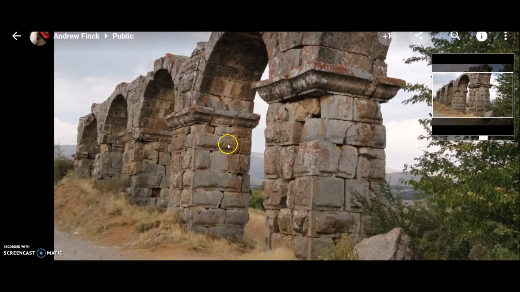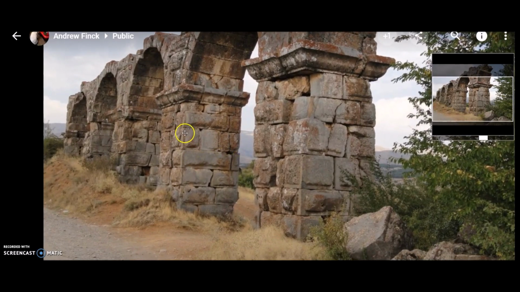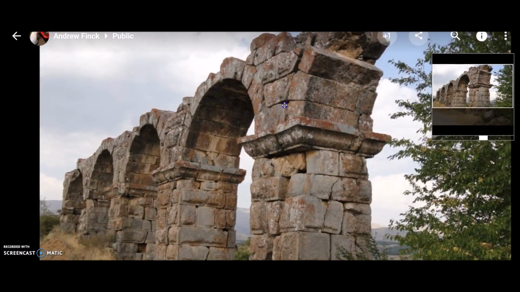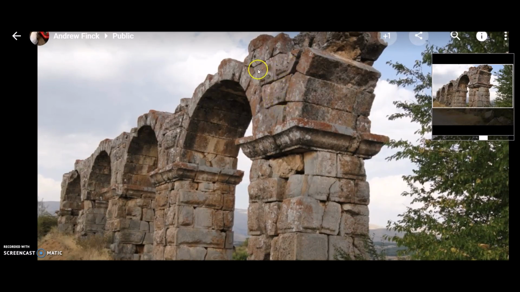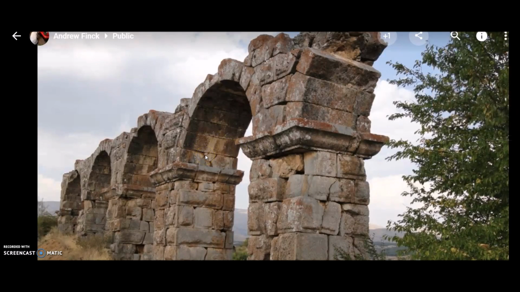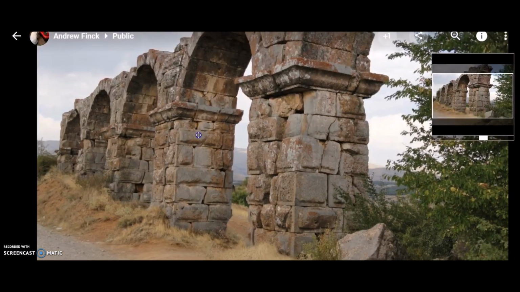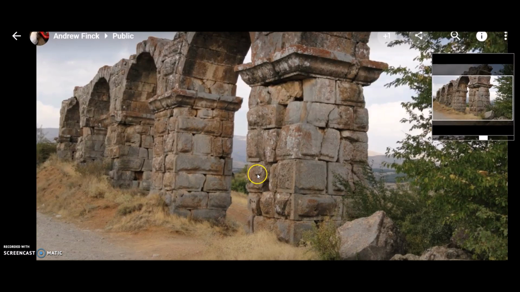Yes, we see the lower portions are bevel block. There are upper elements that are also bevel block that appear to be original, and they are in association with finely dressed, dry laid stones. Perhaps filler stones, small filler stones can be seen. Perhaps nubs as well. Square holes at corners.